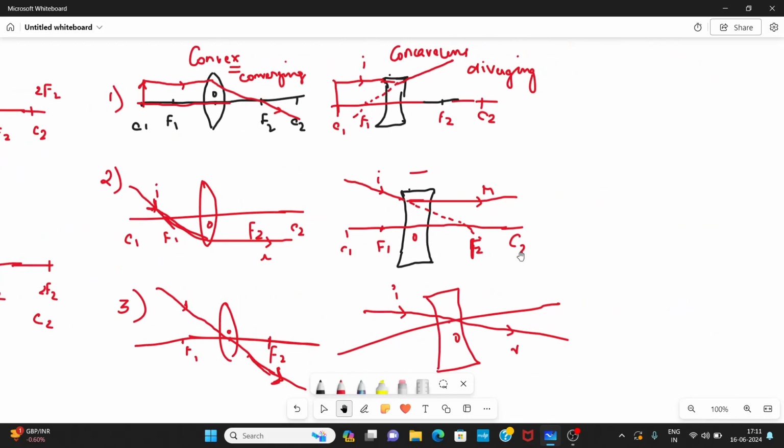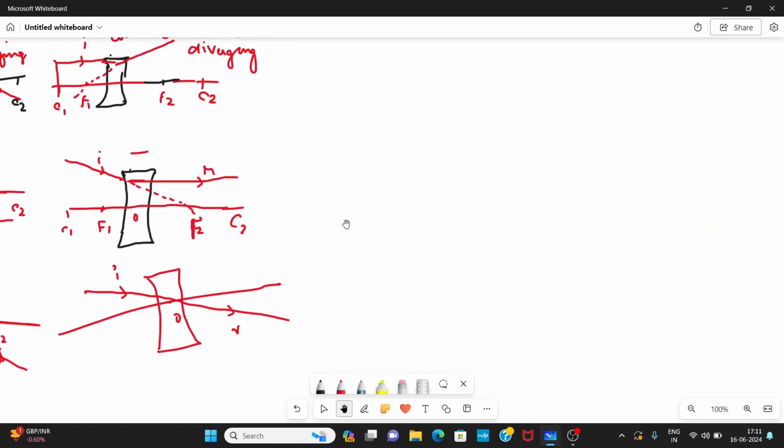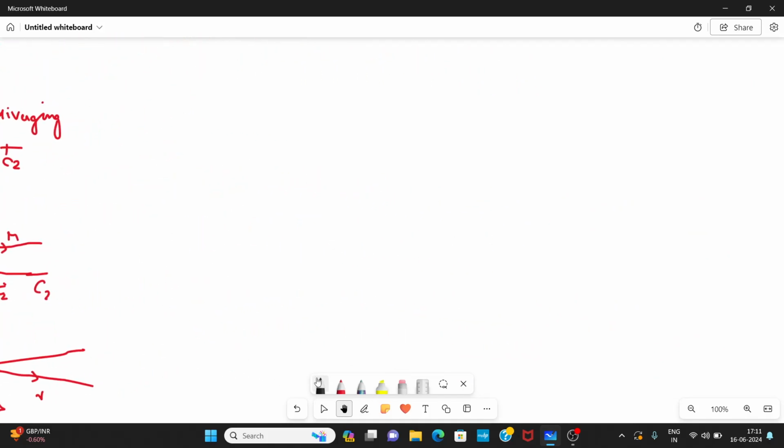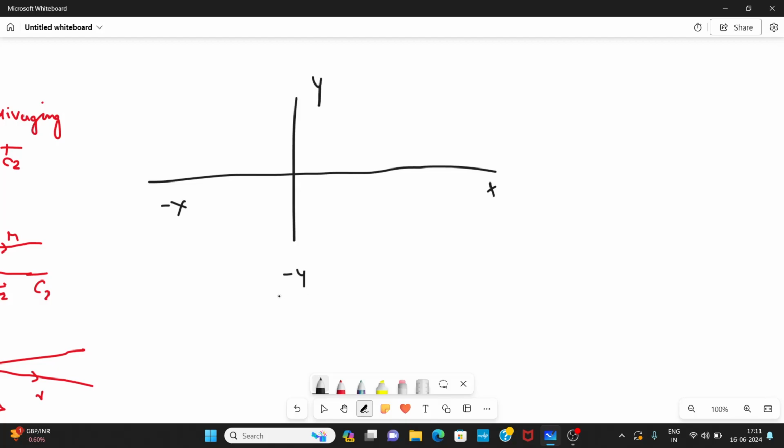Now moving on to the sign convention. The sign convention of the lens is the same as that for your mirror. So when you take the axes x minus x, y minus y, suppose this is your optic center, anything on the left of your optic center will have negative sign, and anything on the right of your optic center will have positive sign.